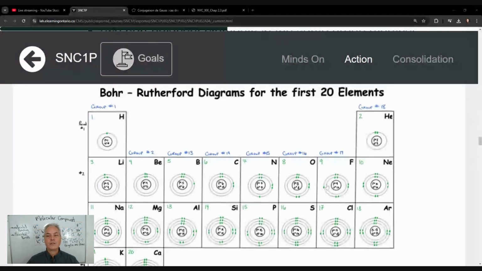Fluorine has 7 valence electrons, so it wants one more. It wants to be as stable as neon. Neon is quite a stable atom because it has 10 protons and 10 electrons, and its valence shell is full of electrons. So fluorine would love one.